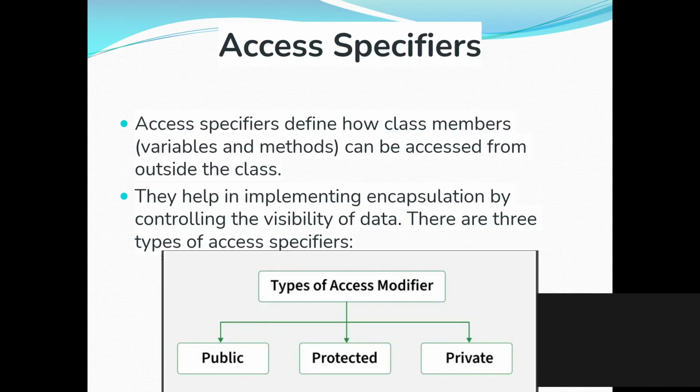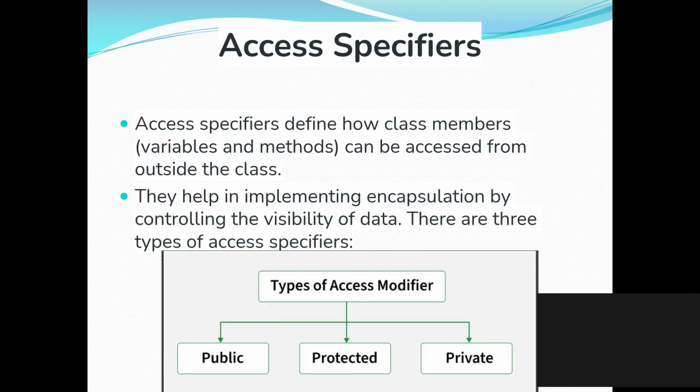There are some access specifiers which we already had some visibility of in the previous topic, in the introduction of encapsulation. Here we'll be zooming in and focusing on this part more specifically. So what is an access specifier? An access specifier defines how a class member, a variable or method, can be accessed from outside the class.